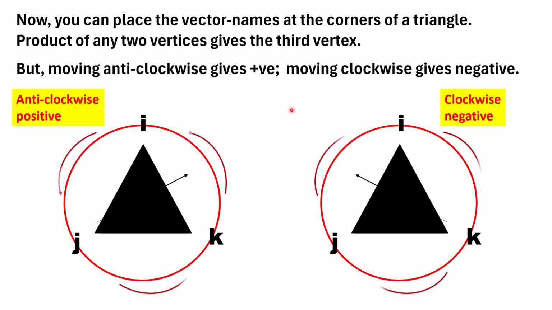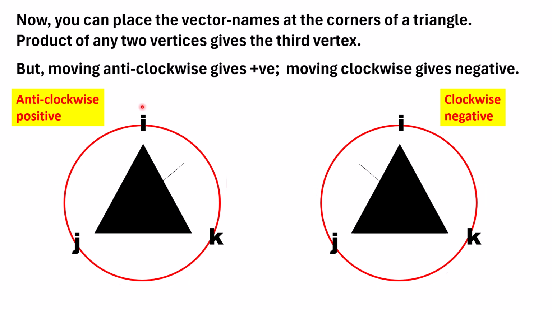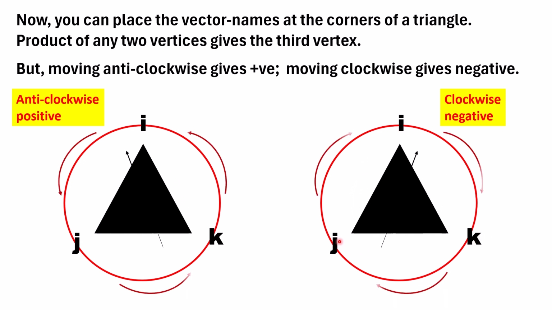But if you are moving anti-clockwise i into j, then the third vertex k will be positive. j into k anti-clockwise, the third vertex i will be positive. k into i anti-clockwise, the third vertex j will be positive. But i into k clockwise, the third vertex j will be negative. k into j clockwise, then the third vertex i will be negative, and so on.